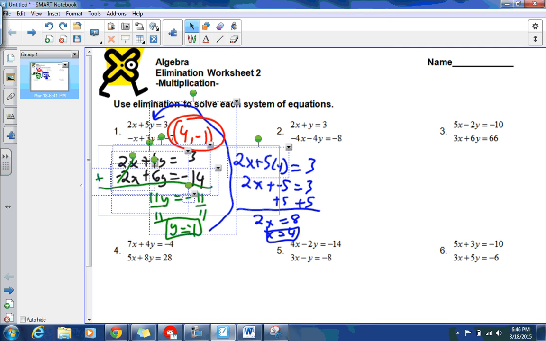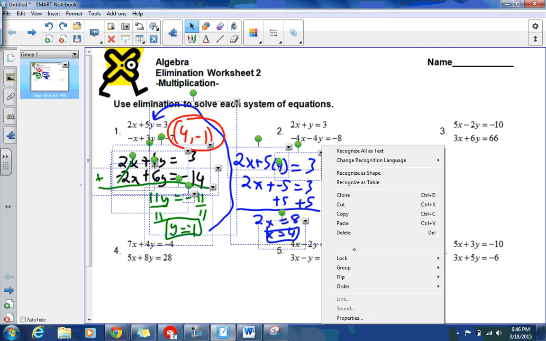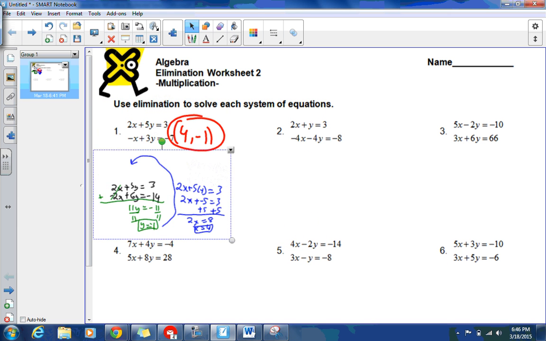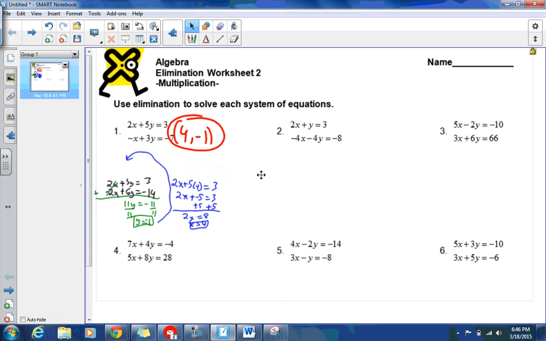I'm going to minimize a lot of this so we can fit it all in. Now, the second one looks like you could do a couple of different things. I'm going to go with the x's again and multiply the whole first equation by 2, distributing the 2 to all 3 parts. I'll rewrite the equation below it so we don't waste space.